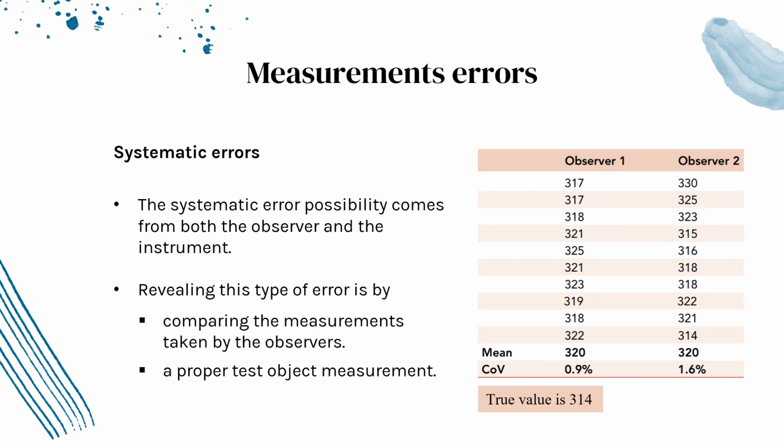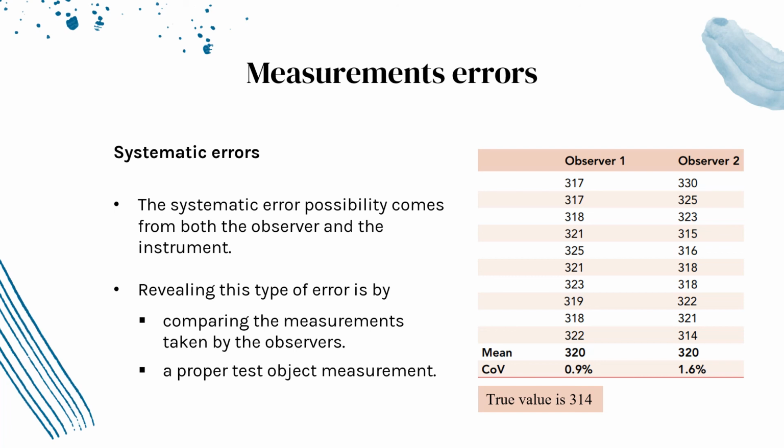The systematic error. The systematic error possibly comes from both the observer and the instrument. This error can't be revealed by repeating the measurement as with random errors. Revealing this type of error is done by comparing the measurement taken by the observer with a proper test object measurement.